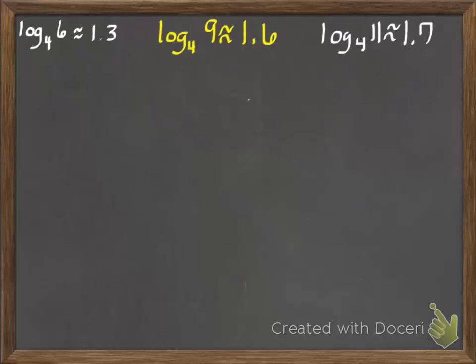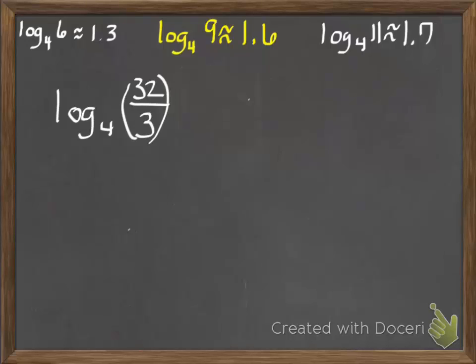And let me give you one more. Log base 4 of 32 divided by 3. Okay. And so, if we notice up at the top, 3 is not an option. How can we get this to where it can be something we can work with?